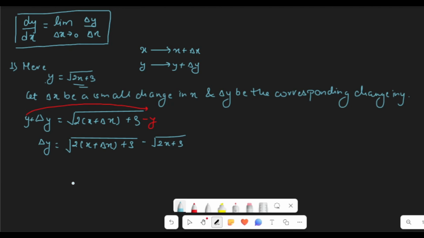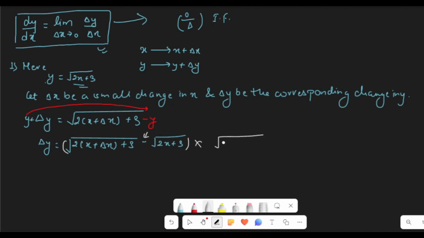Whenever we are calculating a limit and we find something root minus something root or something root plus something root, if we get an indeterminate form, I've already talked about it in our earlier classes, that we'll get 0 by 0 form whenever we directly try to calculate this limit. So we have to manipulate del y. In this problem, we'll manipulate del y by multiplying by the conjugate. The conjugate for this term is nothing but we change the sign here to plus.